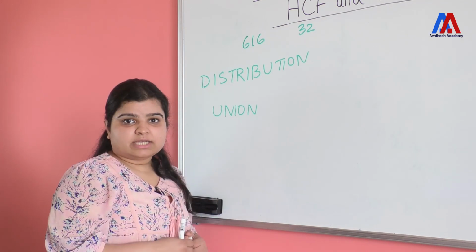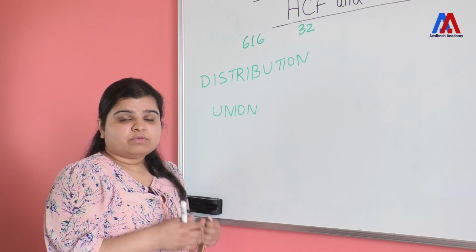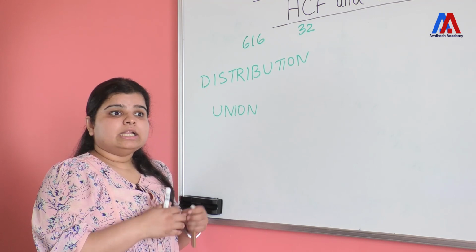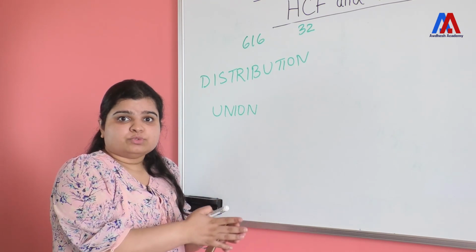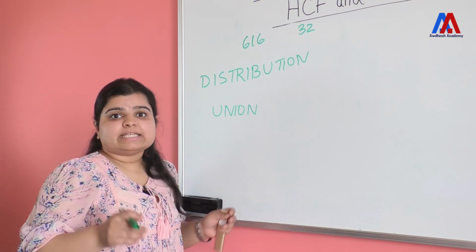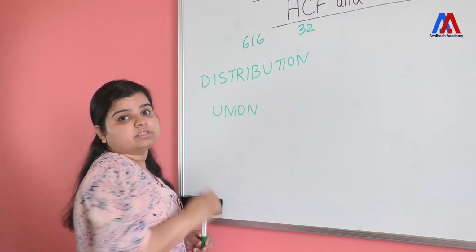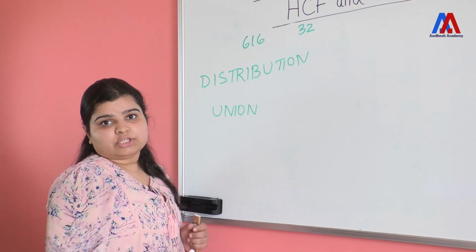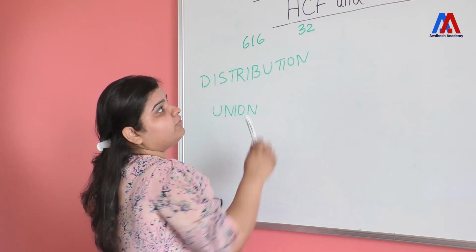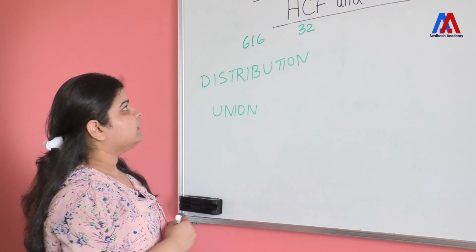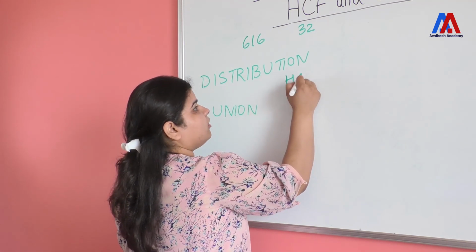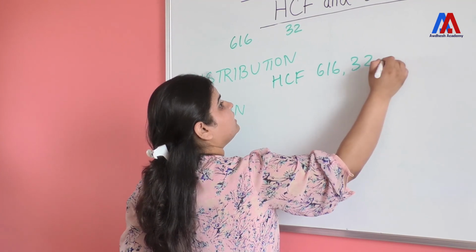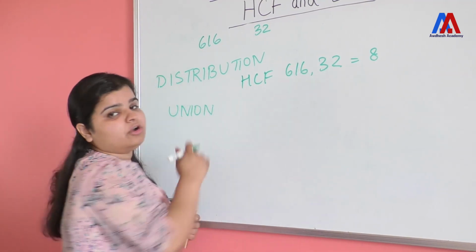Like say you have a scenario where you have to divide sweets into equal groups, or you have to divide number of students into classrooms with equal strengths. All these cases are cases of distribution, that is you have to divide equally. There we'll use the HCF or the highest common factor. So the HCF of 616 and 32 is 8, which will be your answer.